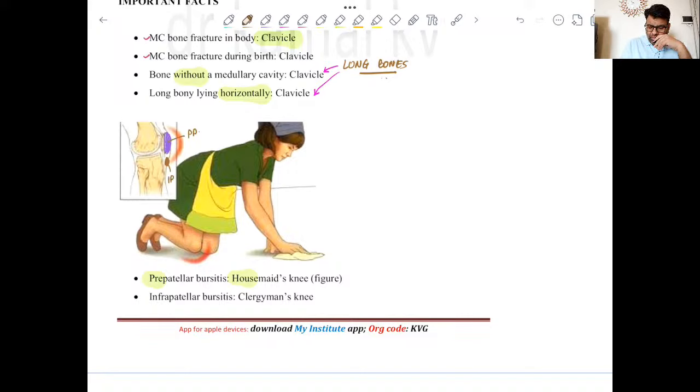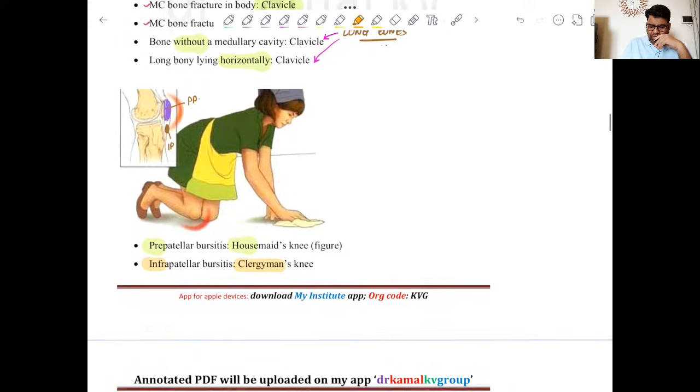So if there is inflammation of the infrapatellar bursa, the condition is known as clergyman's knee. So just remember these terms: pre-patellar is housemaid's knee because of this typical posture so that there is friction over the prepatellar bursa.